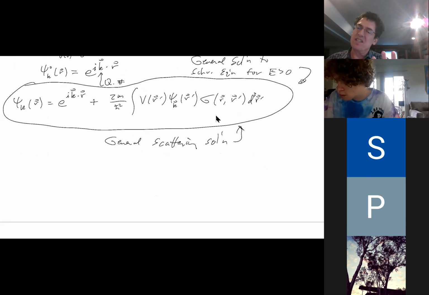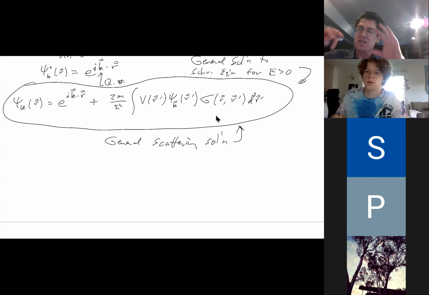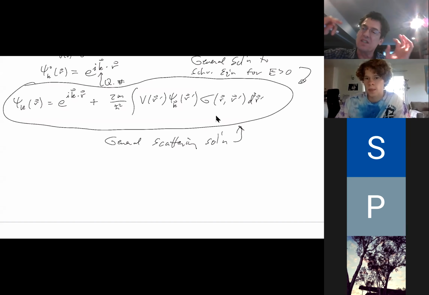It doesn't really give us anything. I haven't really solved it. What it really is, is just a way of rearranging the Schrodinger equation. I just rewrote the Schrodinger equation in this really weird way that you've never seen before. But it's just the Schrodinger equation, okay?